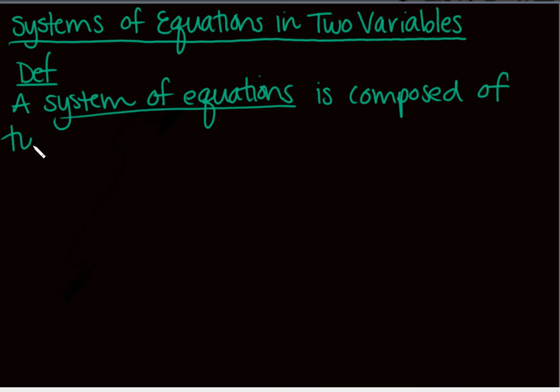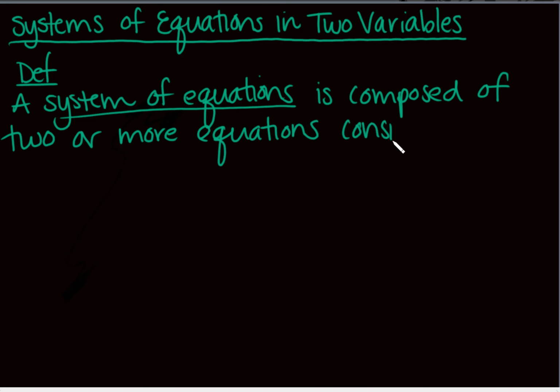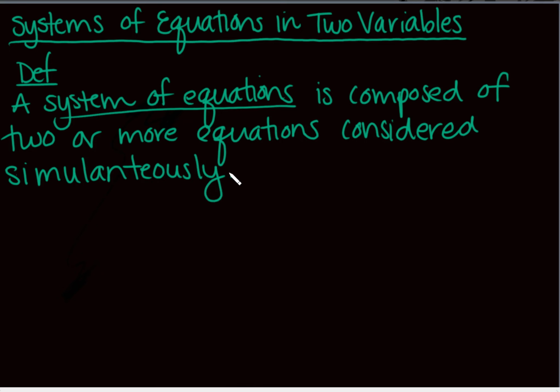So it's composed of two or more equations considered simultaneously. So what that means is, well, hold on. Let me try and spell. And then let me give you an example of one.